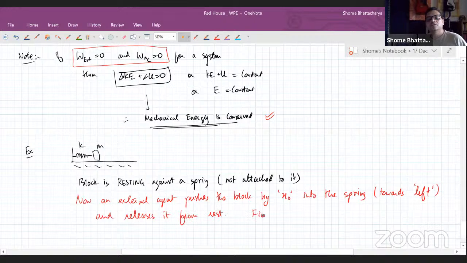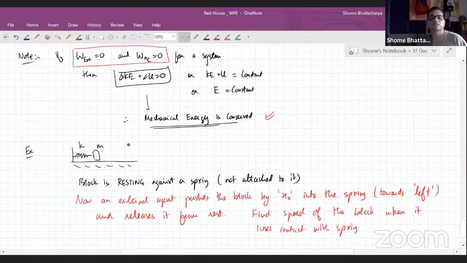Find the speed of the block when it loses contact with the spring, assuming, of course, that this is a smooth surface.